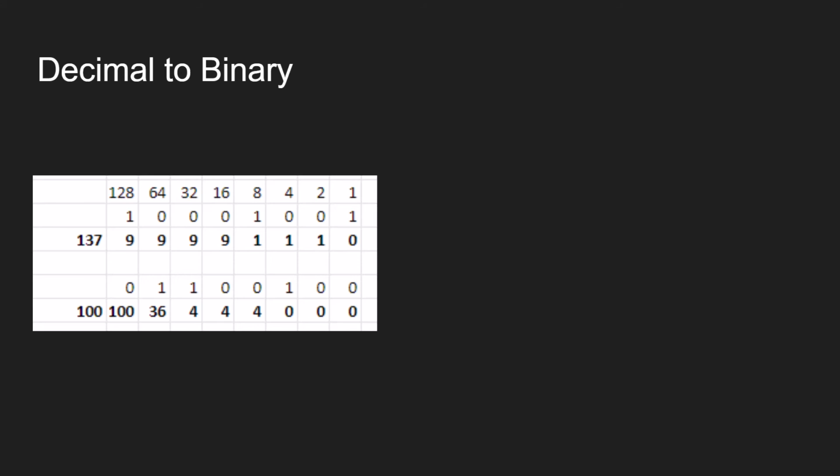By a quirk of the way that binary works though, division is very much more closely allied to subtraction than it is with decimal. So we don't have to do the multiplication, we can do a subtraction. Can we take 128 from 137? Yes. That gives me 1 with 9 remainder. So 137 minus 128 is 1, remainder 9.